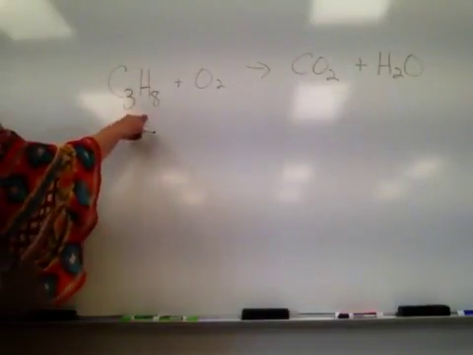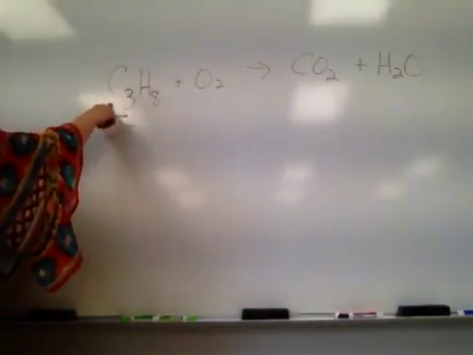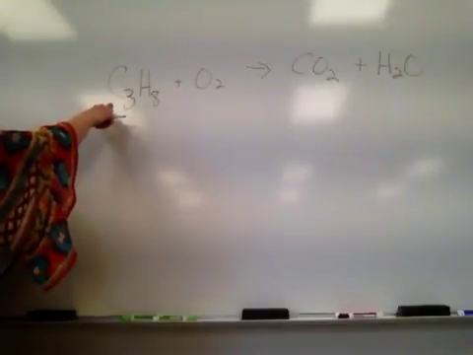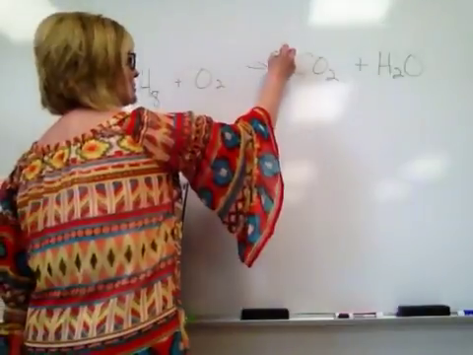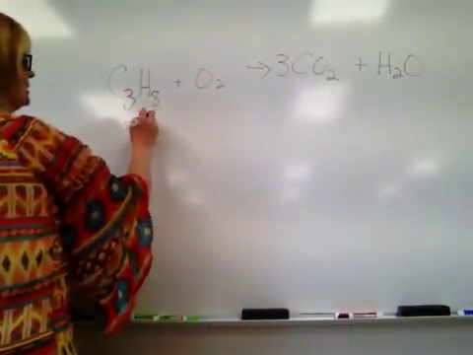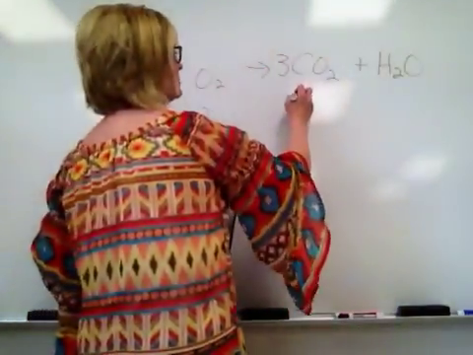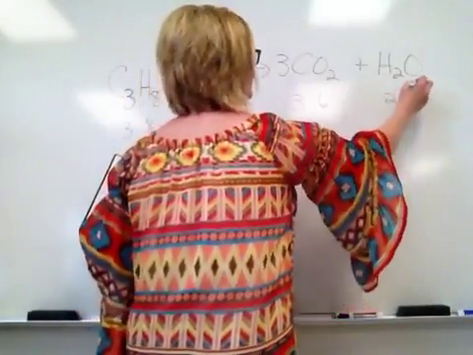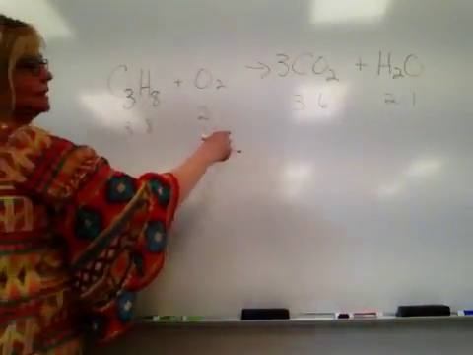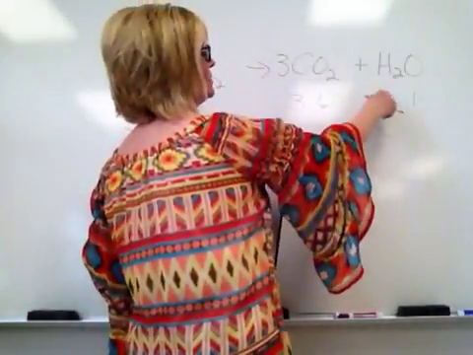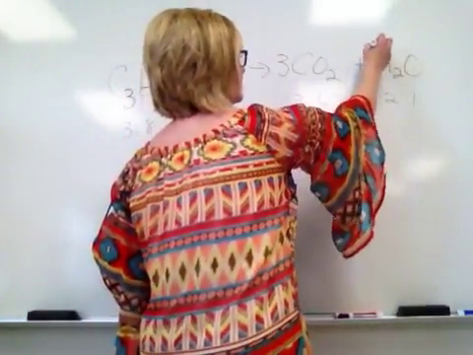So I have C3H8. So I have 3 carbon here. And how many do I have on the other side? 1. So I'm going to put a 3 here. Hydrogen I have 8. Hydrogen I have 2. What am I going to put here? 4.